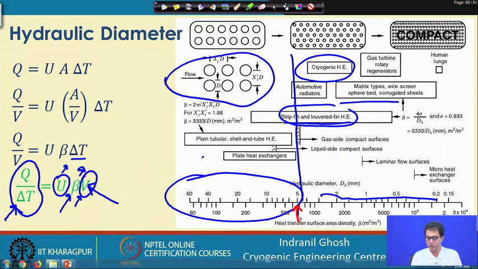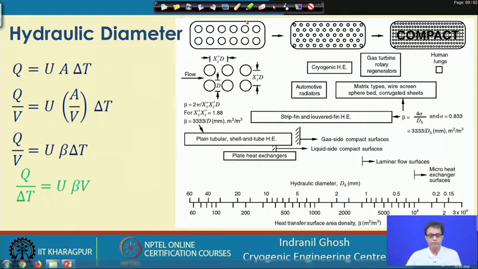So, somewhere here we have the 500, 600, 700, that is the limiting line between the compact and non-compact heat exchanger. Basically this plate fin type heat exchanger belongs to that compact heat exchanger category with the typical surface area density more than 700 meter square per meter cube.